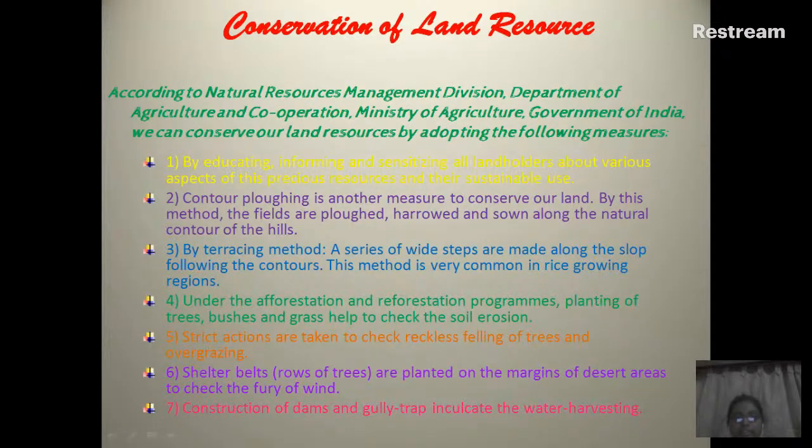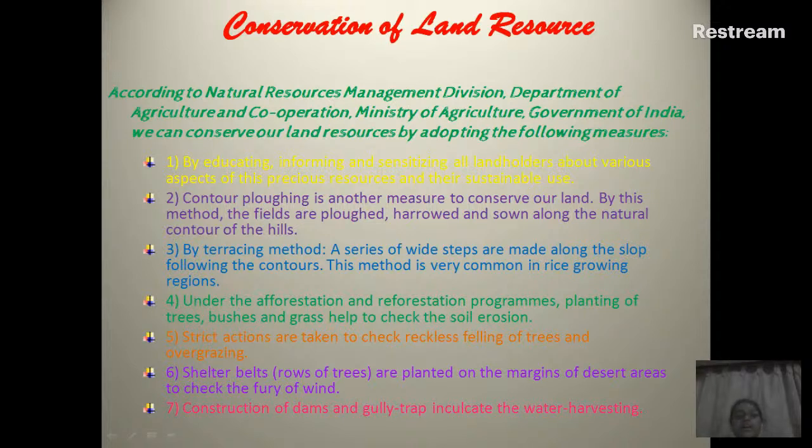About the conservation of land resource: growing population and ever growing demand have led to large scale destruction of forest cover and arable land, and have created a fear of losing this natural resource.